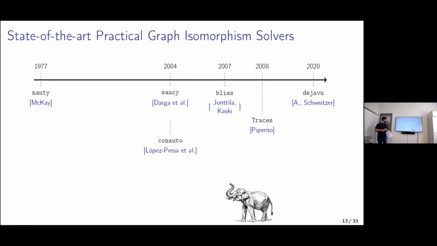Okay, so here is an incomplete list of state-of-the-art practical graph isomorphism solvers. All of these can do symmetry detection, and I just want to talk about them a little bit. This first algorithm here, Nauty by Brendan McKay, was released almost 50 years ago and is still receiving updates today.